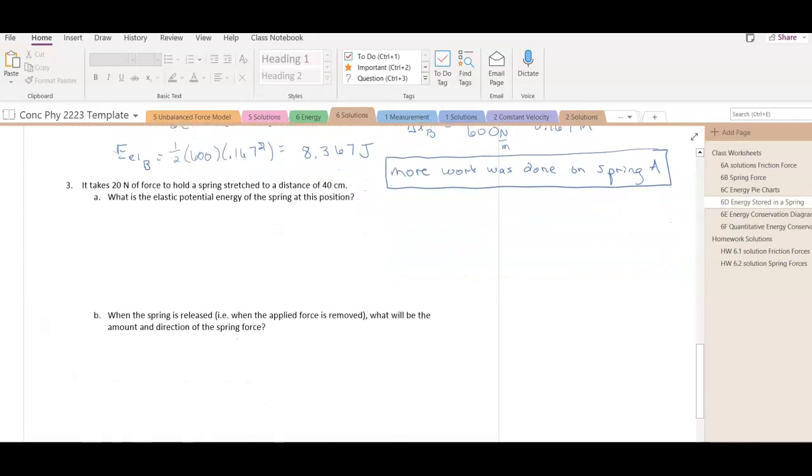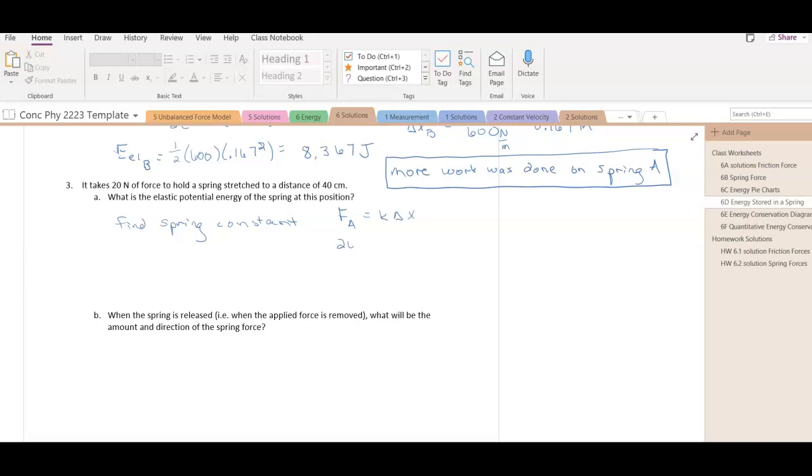And then the last problem here: it takes 20 newtons of force to hold a spring stretched to a distance of 40 centimeters. Okay, so the first thing we're going to have to do is find the spring constant. So I know that applied force equals the spring constant times the displacement.